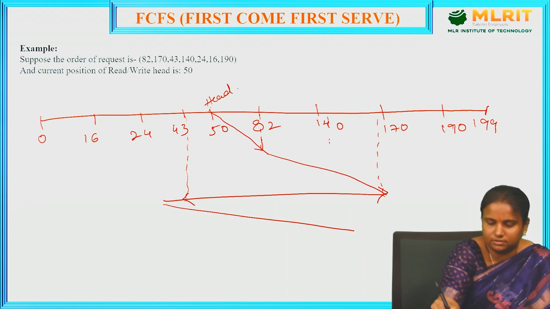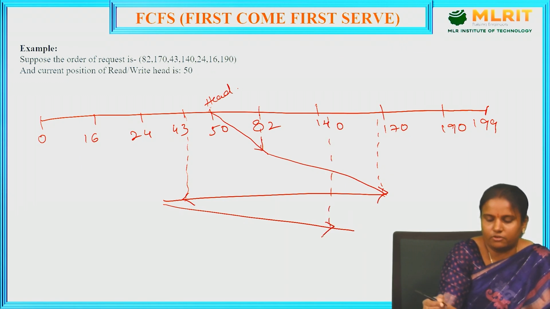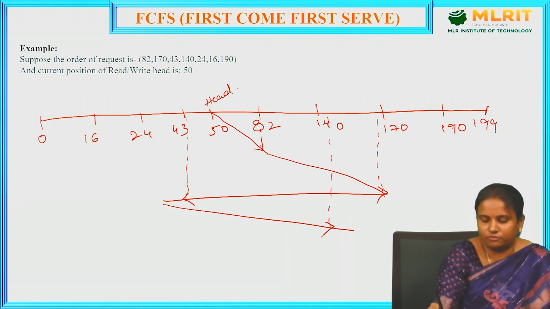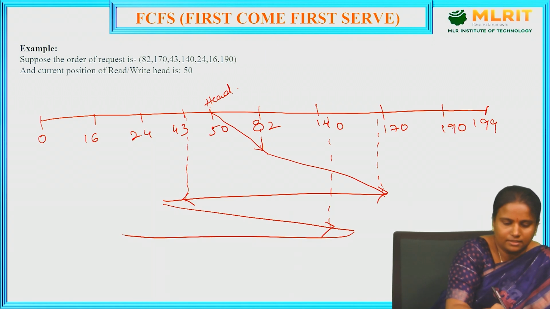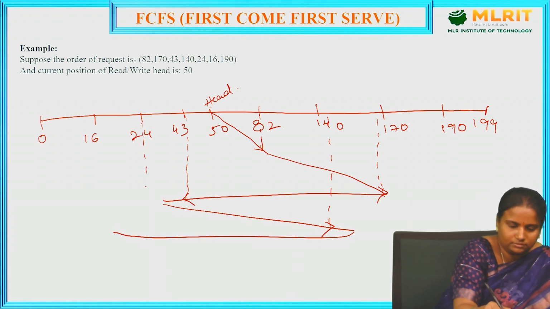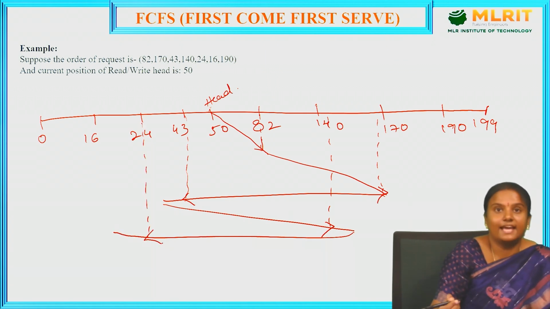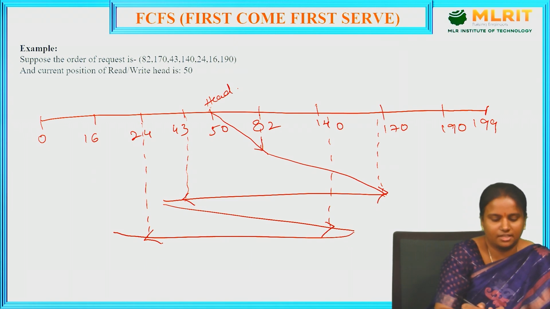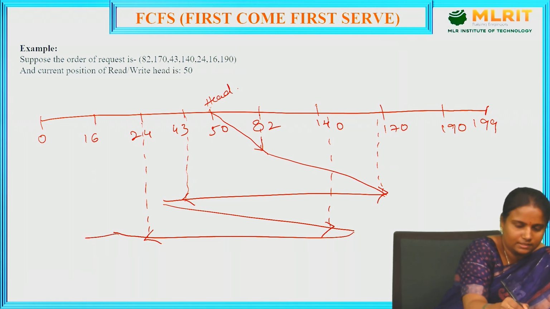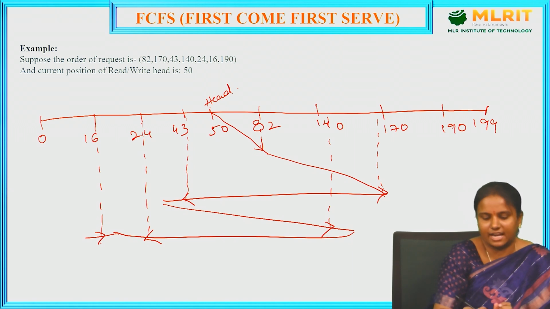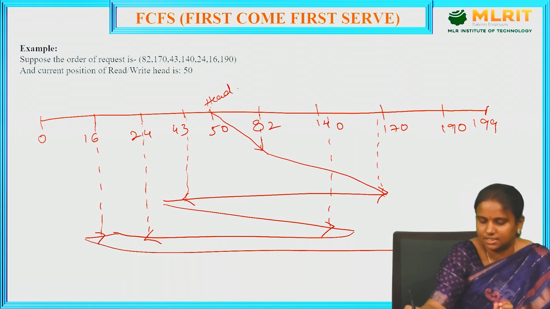Here 140. Next number is 24, and next number is 16, so move there. And next number is 190, go to the last.